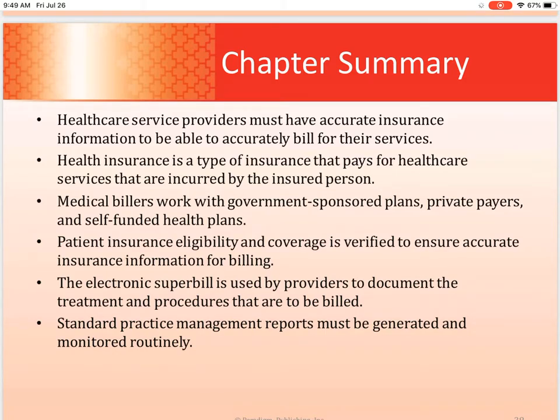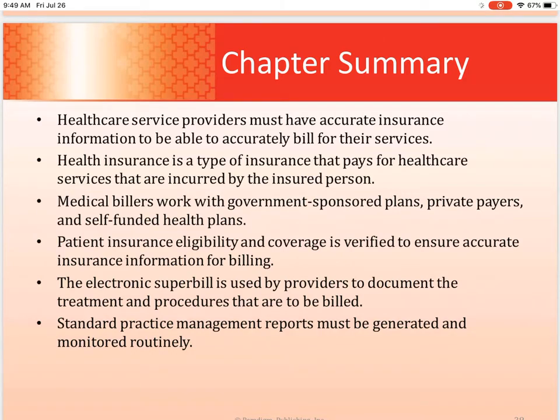There are many third-party payers with which medical billers will work. These include government-sponsored plans including Medicare, Medicaid, TRICARE, CHAMPVA, and workers' compensation, private payers, and self-funded health plans.